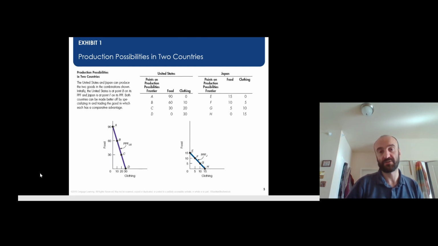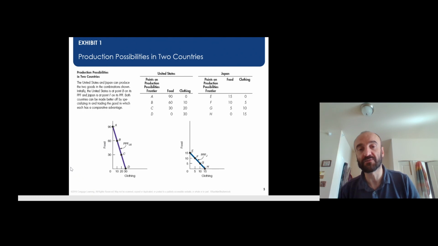Now, what is the consequence of specialization? By specializing in making just one thing that you have a comparative advantage in, and exchanging your surpluses with the other country, you can eventually acquire more of both goods. So your consumption could be greater than the level of your production.